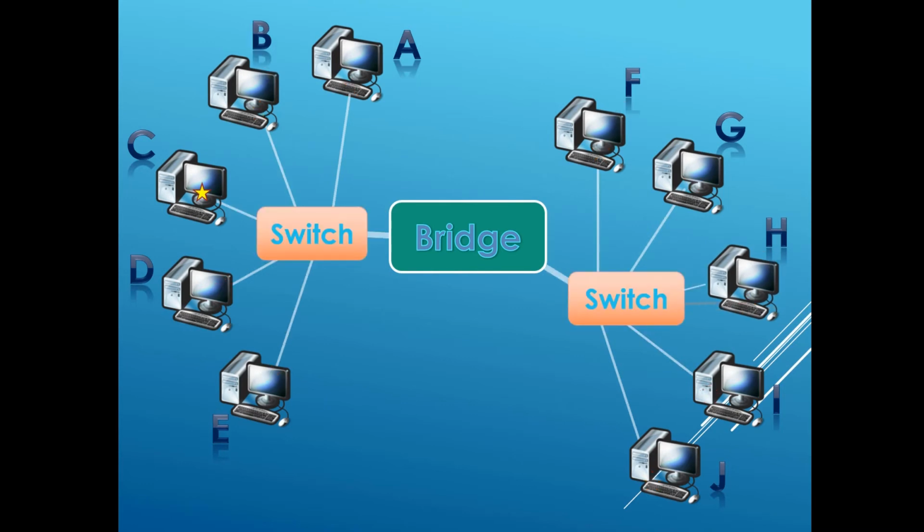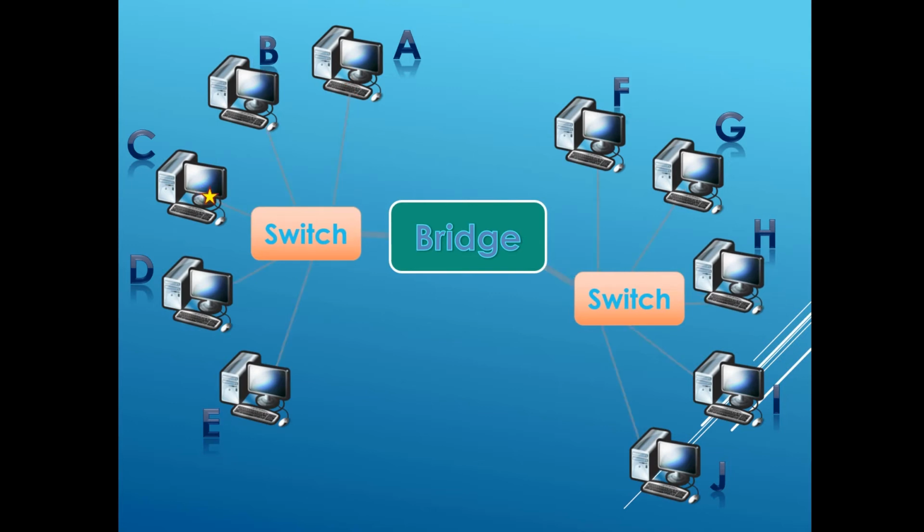A switch, however, what do you think happens if C wants to send a message to one of the other computers on the network? It can send it directly to A. No problems, doesn't go anywhere else. It might want to send it across to the other building. Still, no problem, switches read the addresses and go directly to the correct computer.